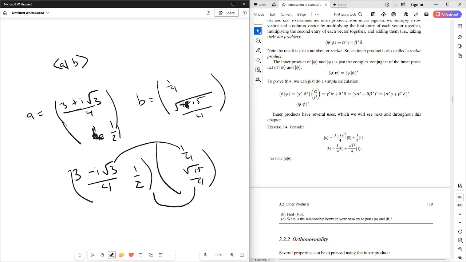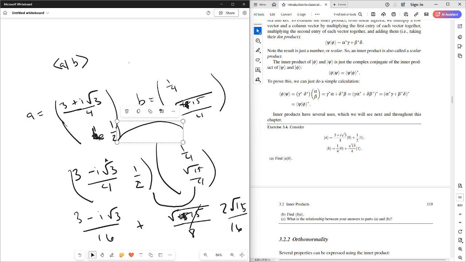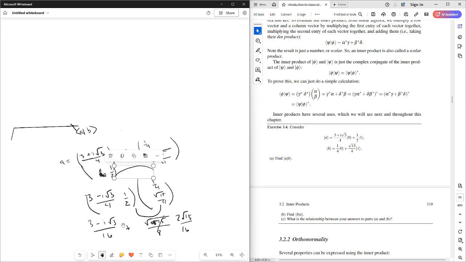So we wind up with 3 minus i square root of 3 over 16 plus square root of 15 over 8. We can factor this, so this is equal to 2 square roots of 15 over 16. We can combine now.